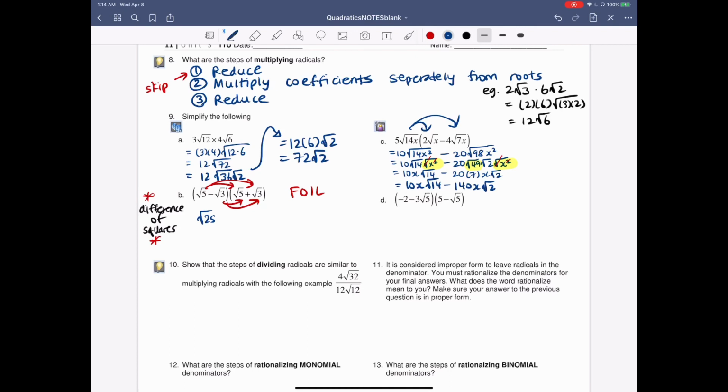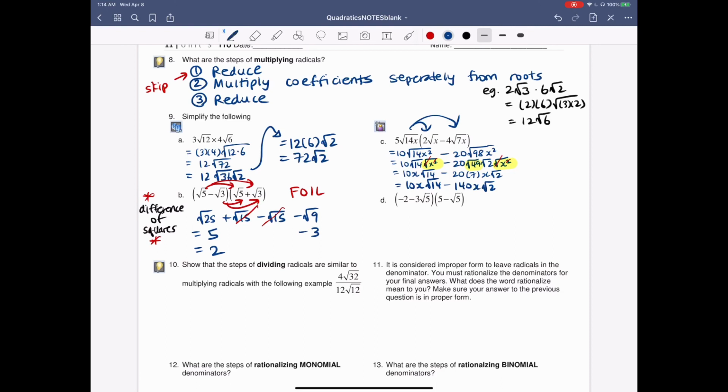Square root 5 times 3 is plus square root 15. And then square root 3 times square root 5 is minus square root 15. And then minus square root 3 times square root 3 is minus square root 9. That simplifies. Meanwhile, that's equal to 5. That's equal to minus 3. And therefore, it's equal to 2.